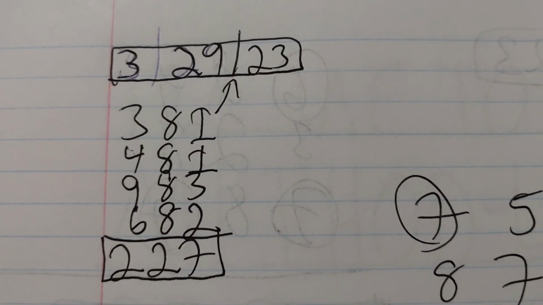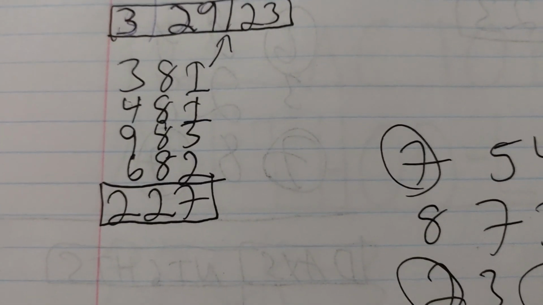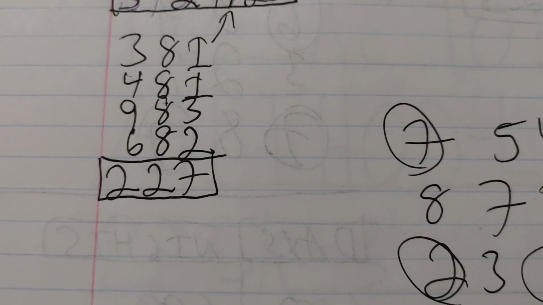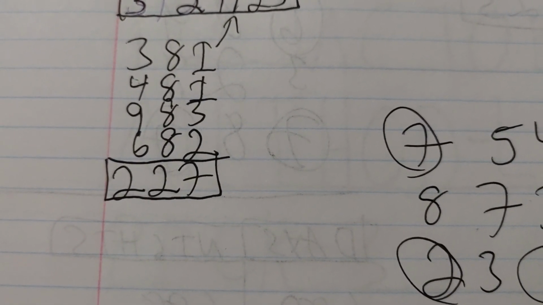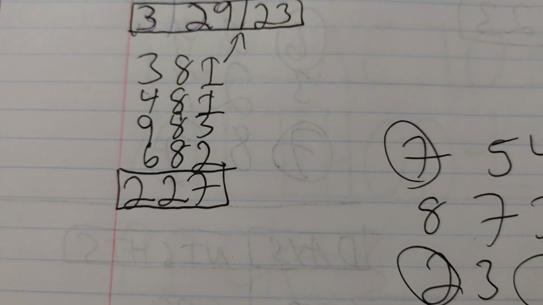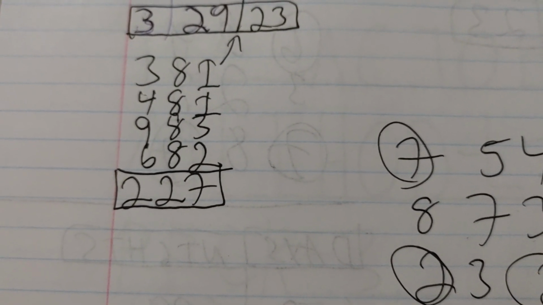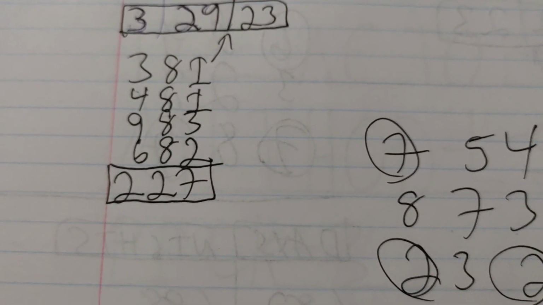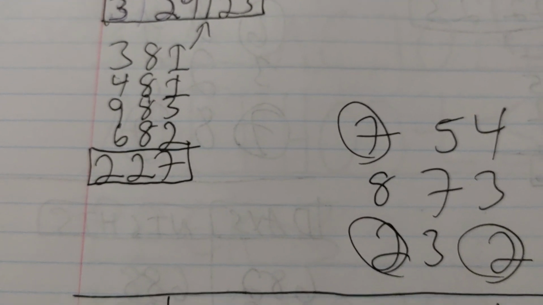Oh, I gotta unblur. One moment. Alright, so on March 29, 2023, the 381 fell. The past three were 481, 983, and then 682. I'm not going to cover the adding, I already covered that in the other example. The sum was 227.